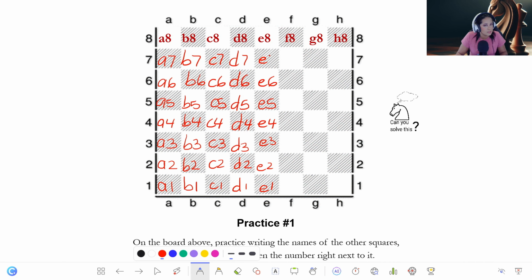And E7. Notice that I am reaching up to 7 only because the 8 rank is already done. So I'm just completing what is missing. Now F file, F1, F2, F3, F4.